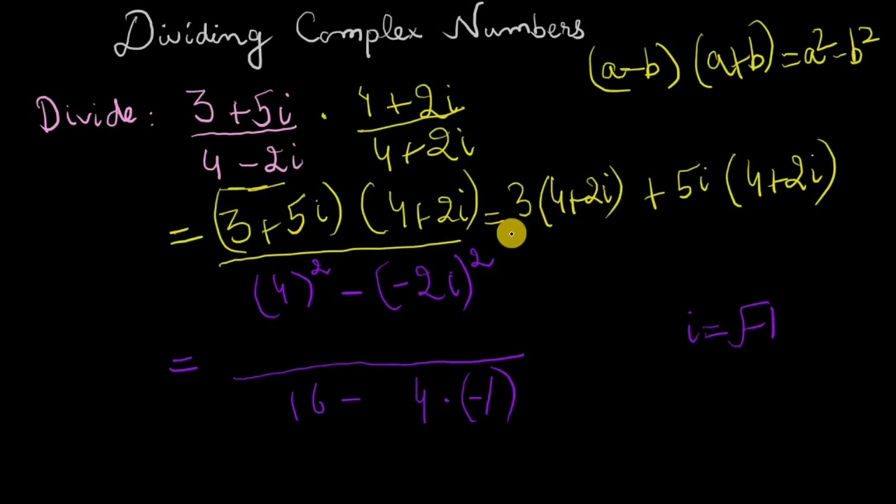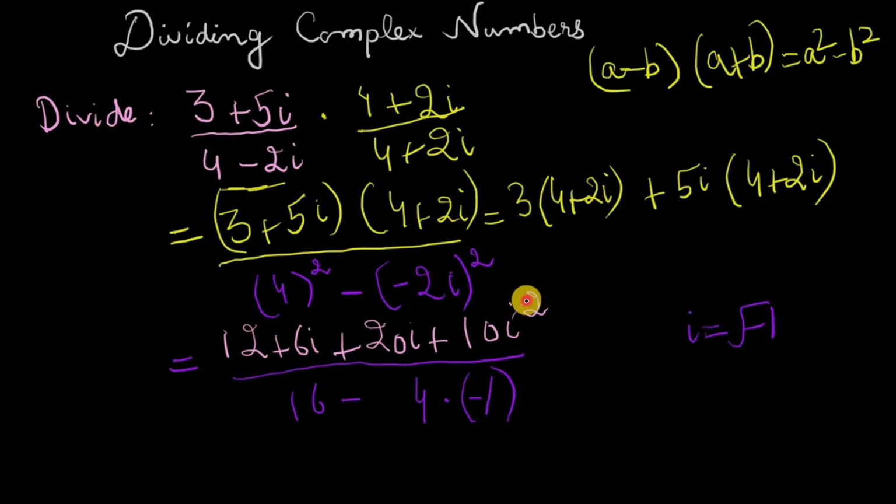Now on to the numerator. 3 times 4 is going to be 12, then 3 times 2i is going to be 6i, then 5i times 4 will be 20i, then 5i times 2i is going to be 10, and i times i is going to be i squared, which is just a negative 1.